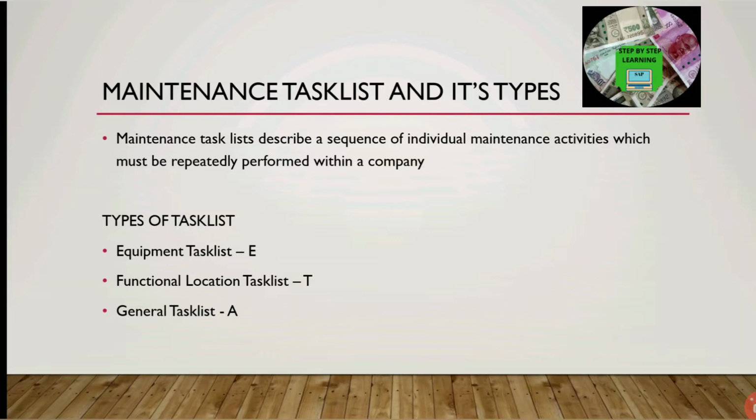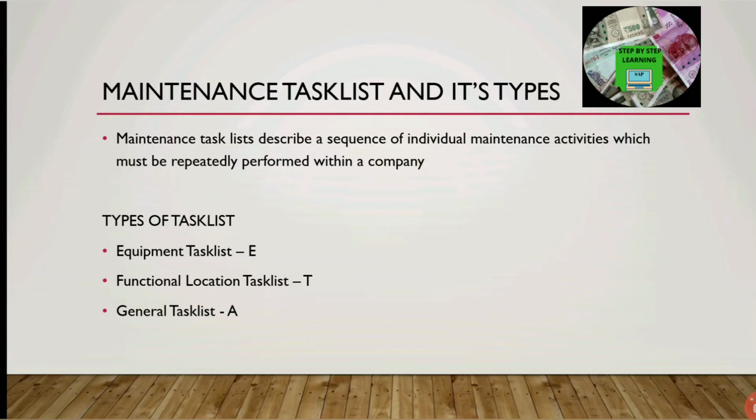Once we record it in the maintenance task list and it is created as master data, we can use this task list, whatever we created for the particular equipment, in the maintenance order directly, or you can use it for a maintenance plan, and the maintenance plan will generate the maintenance order automatically with those operations to perform the maintenance. So it will reduce the manual effort.